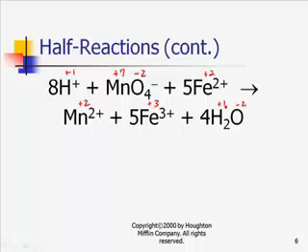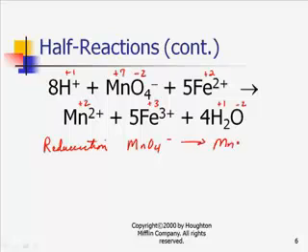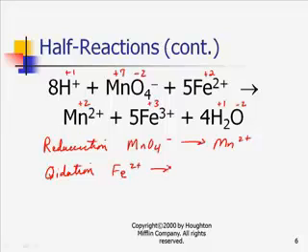So if we look at what's changing, the manganese is changing and it's becoming less positive, so it's being reduced. So we've got the MnO4- going to Mn2+ as our reduction, and then the oxidation is the iron 2+ going to the iron 3+.